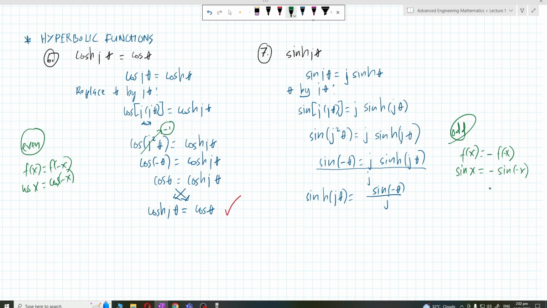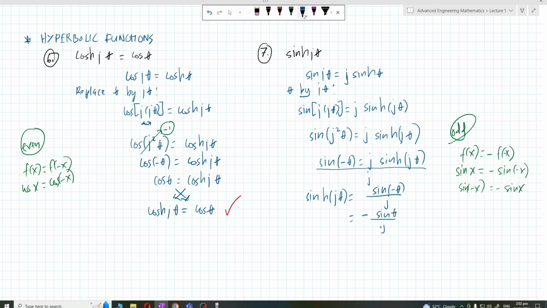Okay, nakuha na ba? Ayan, so that means yung ating sine of negative x naman is the same as negative sine x. Okay, so itong ating sine of negative theta is the same as what? The negative sine of theta.